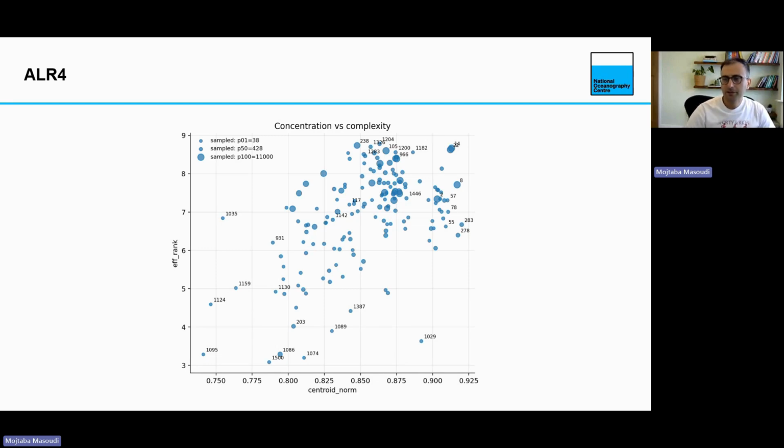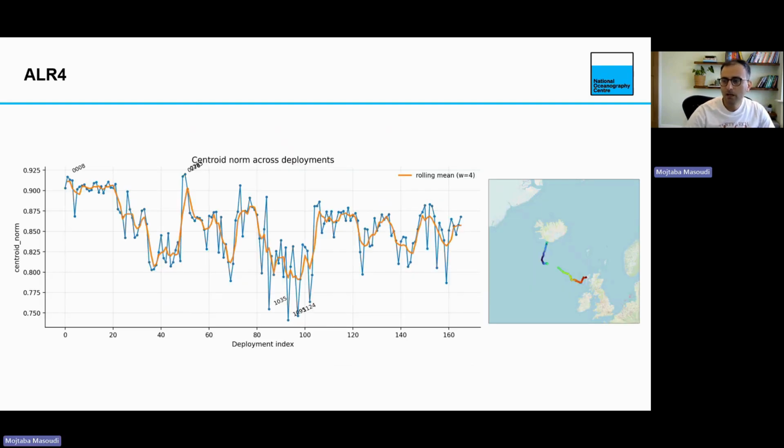I plotted here how the centroid norm compares with the effective rank, and you can see most of the deployments have a higher effective rank, meaning more complexity, but at the same time a simple community and more aligned together. Here is the plot of the 168 downcast ALR deployments.